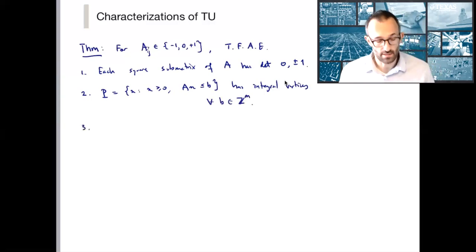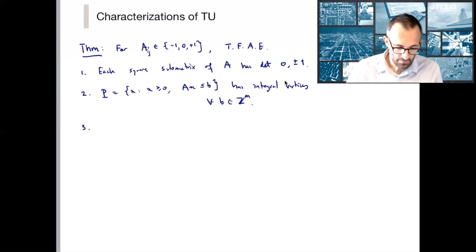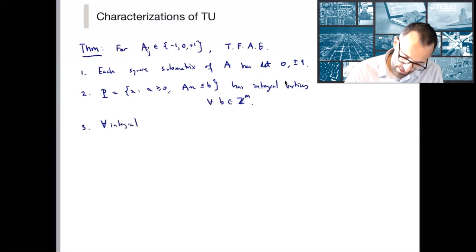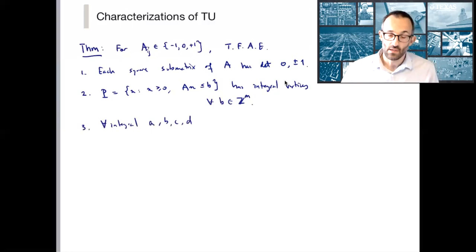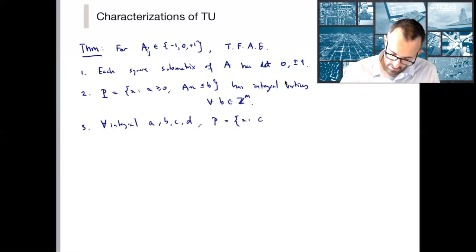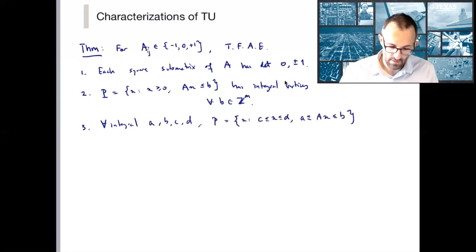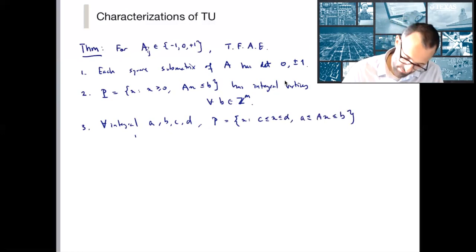And we showed this as well. This is also equivalent to saying for any integral vectors of appropriate dimension, a, b, c, and d, then the polytope obtained by upper bounding x in addition to upper bounding Ax has integral vertices.